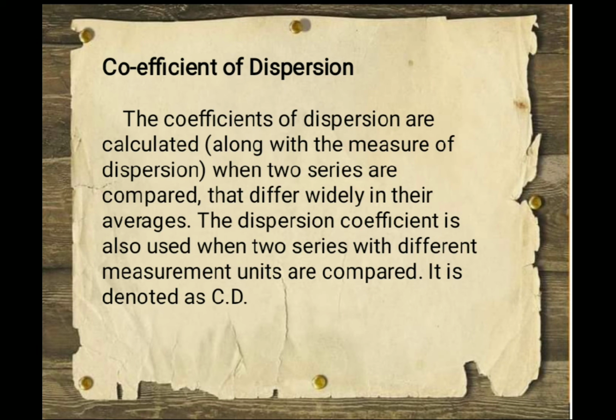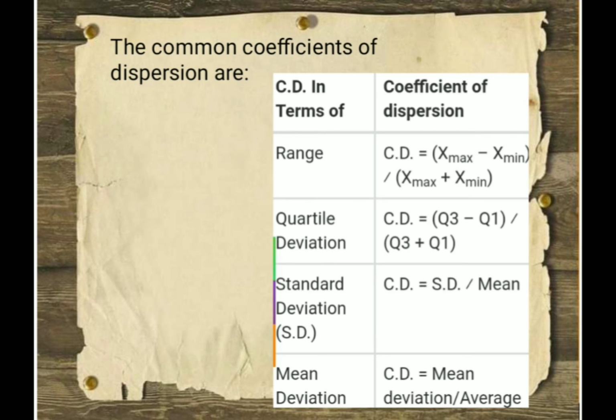Coefficient of dispersion. The coefficients of dispersion are calculated along with the measures of dispersion when two series are compared that differ widely in their averages. The coefficient of dispersion is also used when two series with different measurement units are compared. It is denoted as CD.